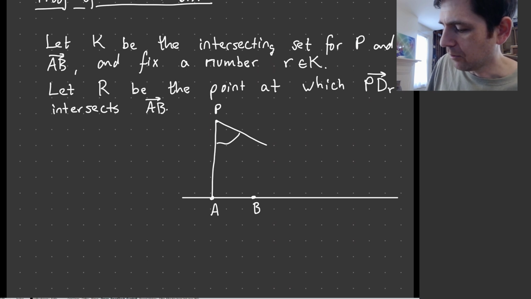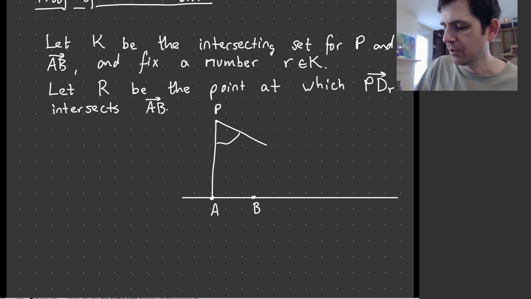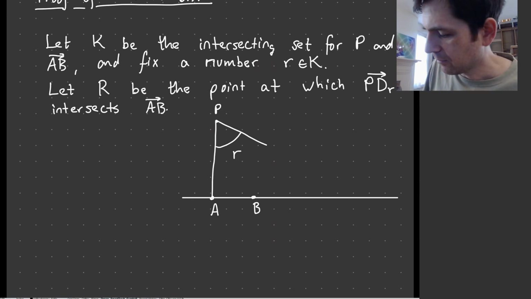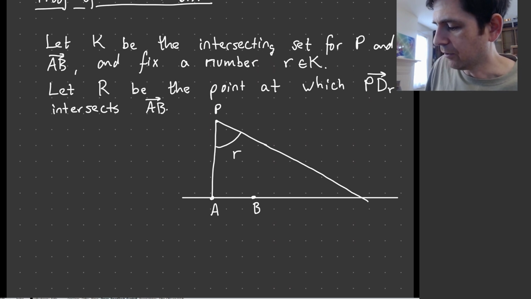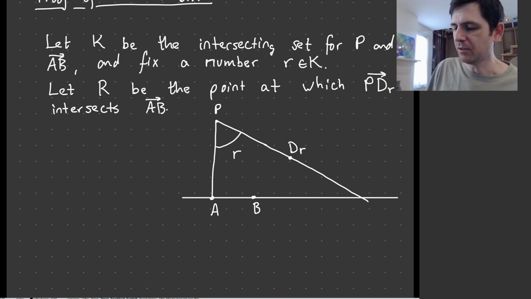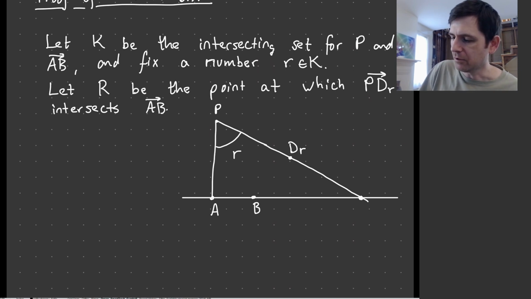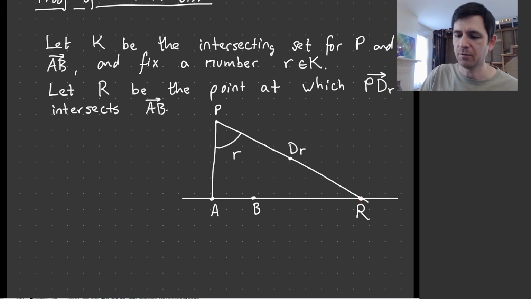We have some angle R, which is in the intersecting set, which means that this is going to intersect. Remember, we construct that by finding some point DR here that gives us the angle, but DR isn't necessarily on AB. Now that we know that R is in the intersecting set, we know that this point exists. So we let this point of intersection be R.